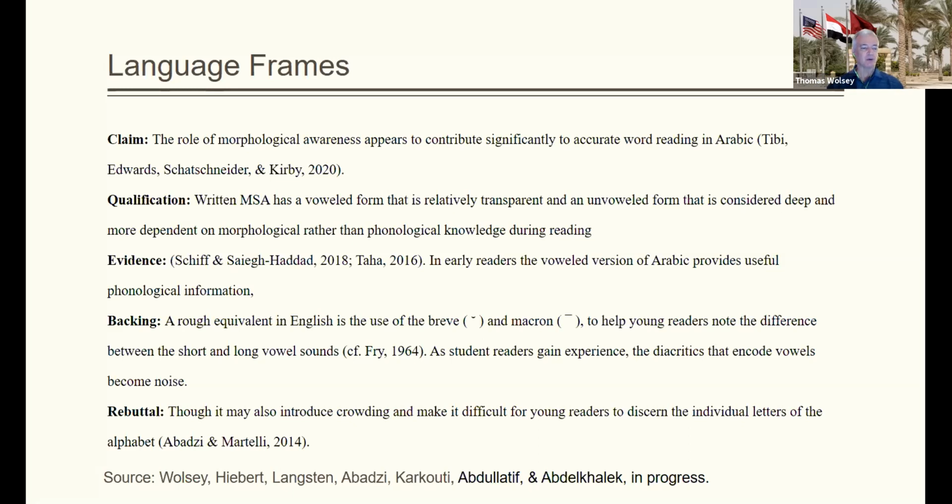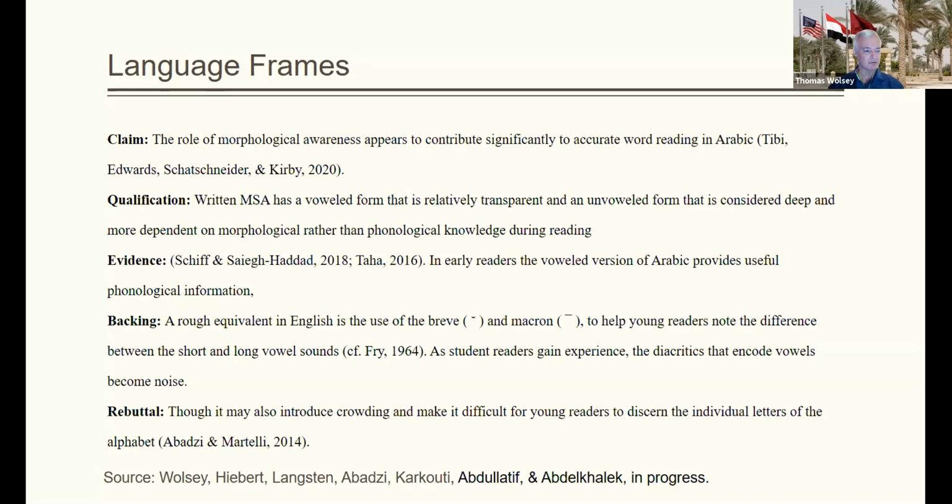There's backing. A rough equivalent in English is to use the breve and the macron to help young readers note the difference between the short and the long vowel sounds. That was used, for example, in a comparative by Edward Fry in 1964, who advocated using even more of these sorts of symbols in English. And as student readers gain experience, the diacritics that encode vowels become noise.